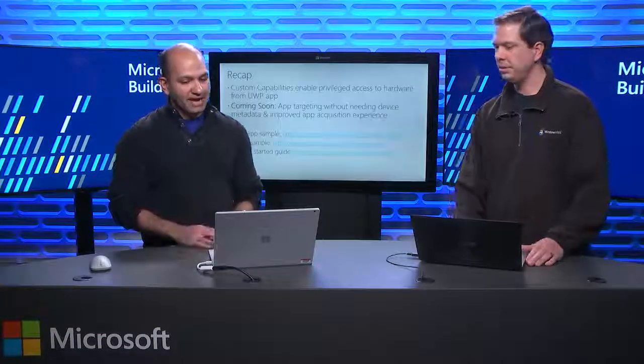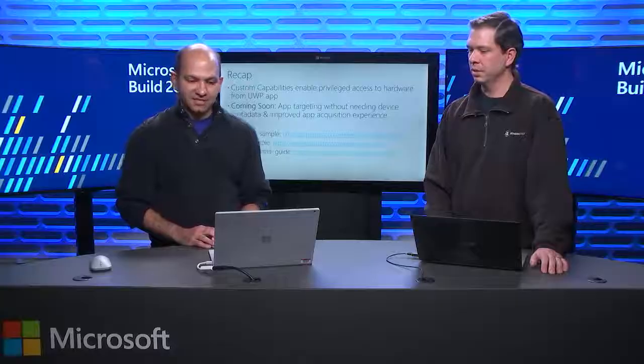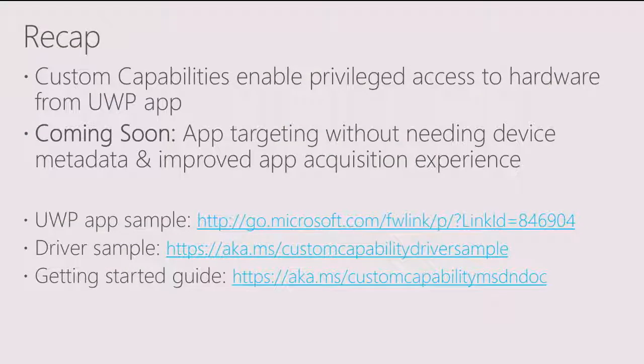So let's do a quick recap of today's sessions. So Windows 10 Creator Update introduces custom capability, which is a new type of Windows capability that allows capability owners to grant secure access to a driver or an NT service to any number of UWP apps. The benefit of this model is that it is flexible because the IHV is in control of which app has access to their driver or NT service.